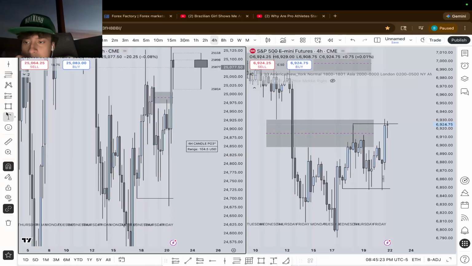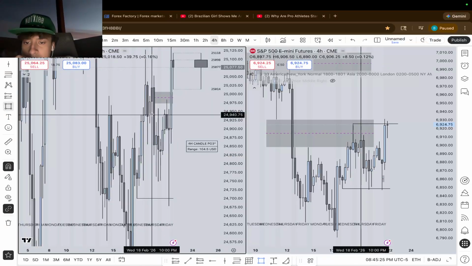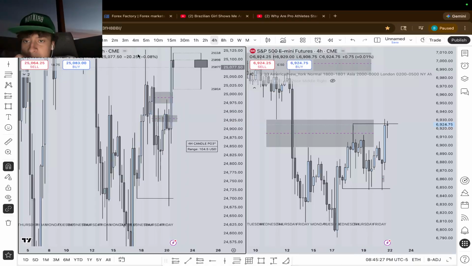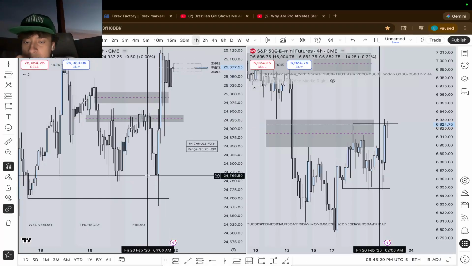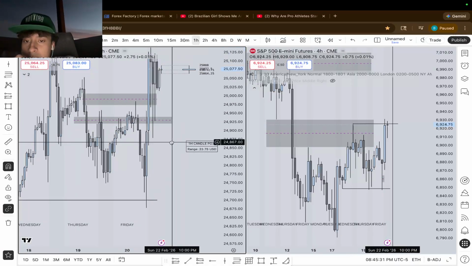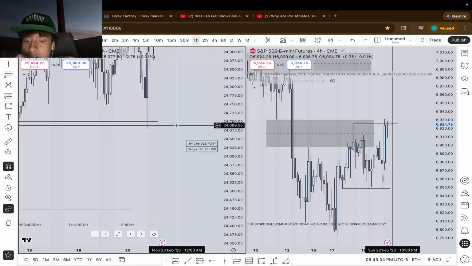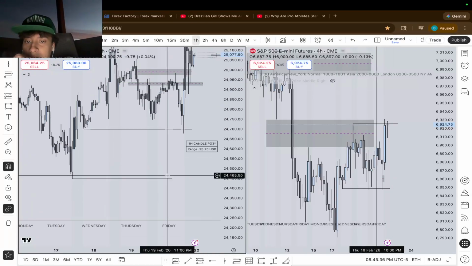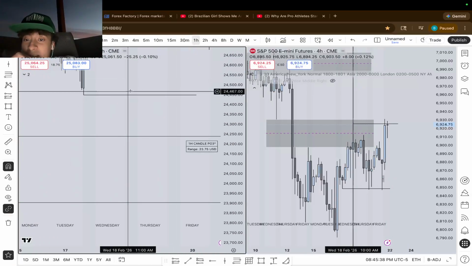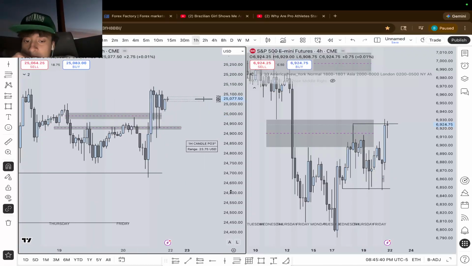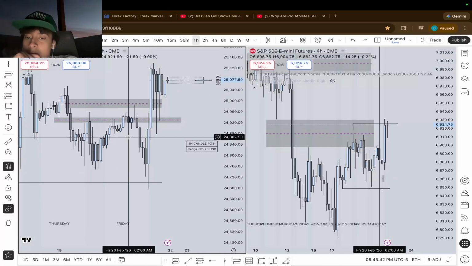My thought process was, if we sweep out that key level and we get good internal to external reaction, we could still go bearish towards these draws. However, as soon as we took that, we started displacing so high.